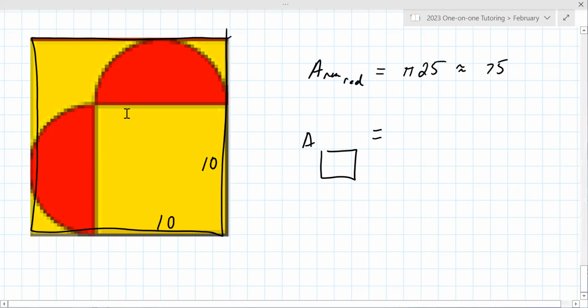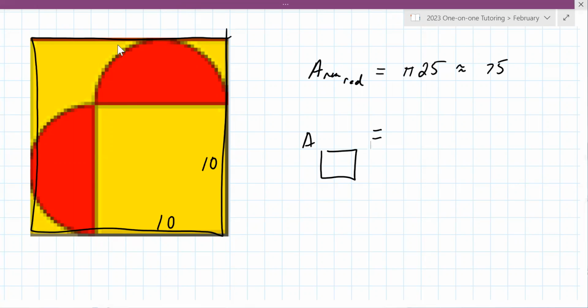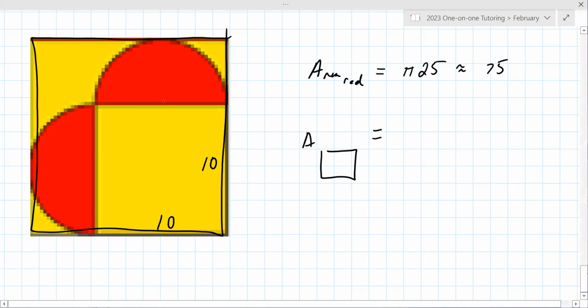Nope, you can't scale factor. You know the diameter of this circle is 10. What is its radius? 5. So you have to sometimes draw the radius. So would it be 15? Yes. And 15 times 15 is 225.